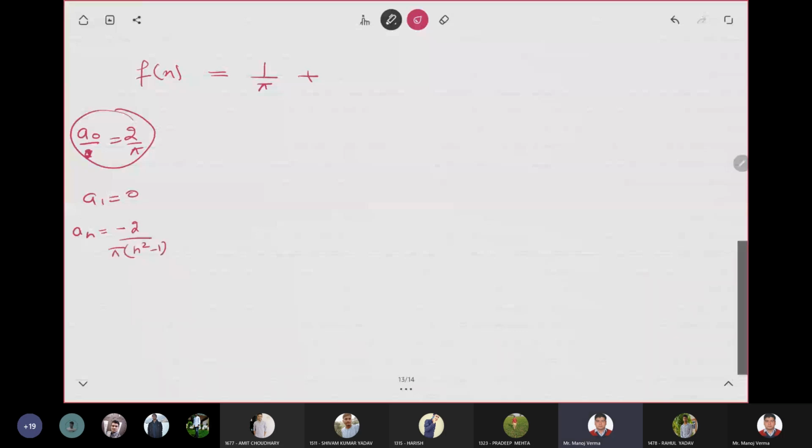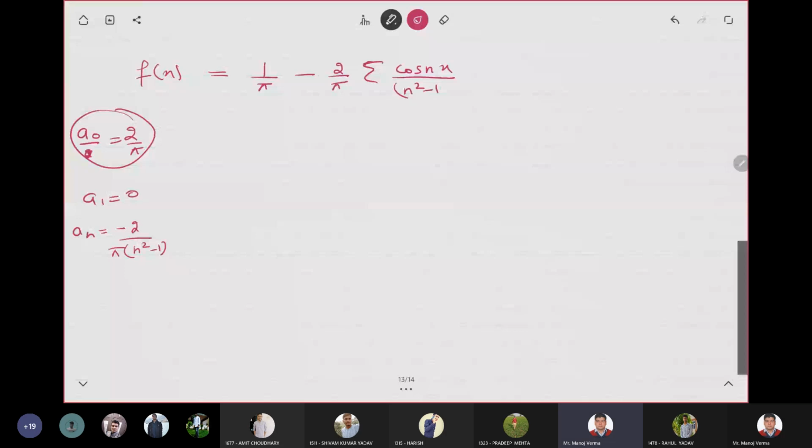So if I take minus 2 by pi common, the sum of cos nx by n square minus 1.